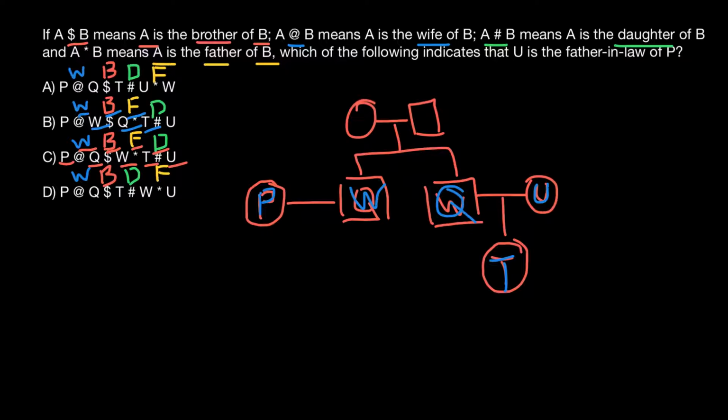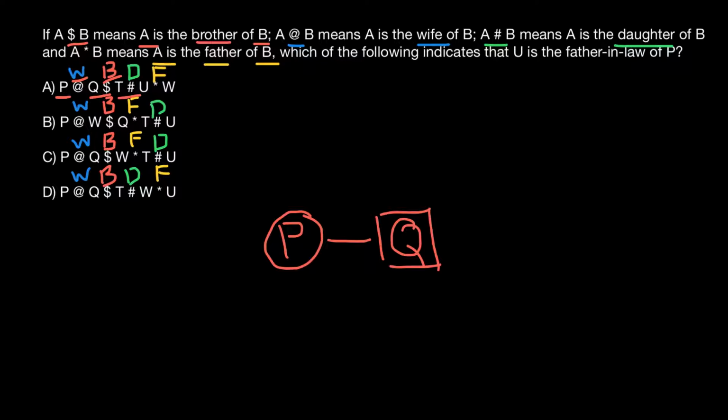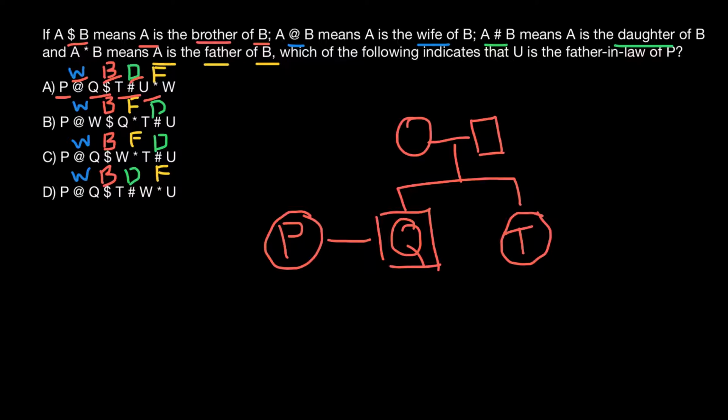Now we know that the correct answer is A, but let's build a pedigree for answer A. Again, P is a wife of Q, and Q is a brother of T, and here are the parents of the siblings, and T is a daughter of U. But who is U?